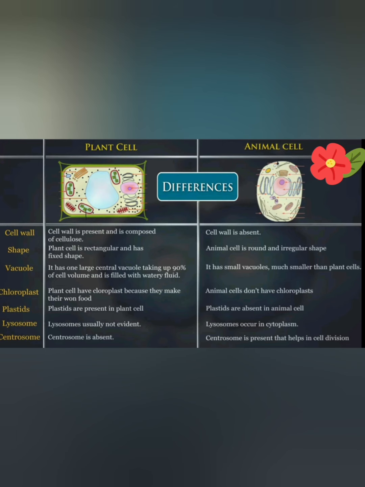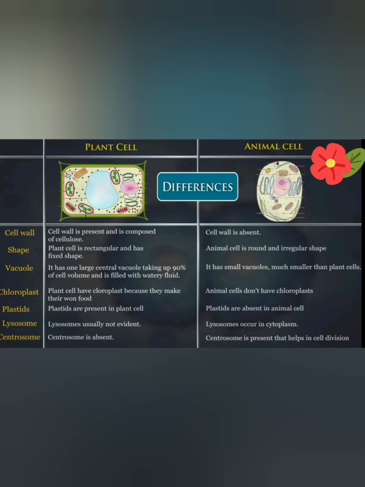Difference between plant cell and animal cell. Cell wall: cell wall is present and is composed of cellulose in plant cell. In animal cell, cell wall is absent. Shape: plant cell is rectangular and has a fixed shape. Animal cell is round and irregular in shape.